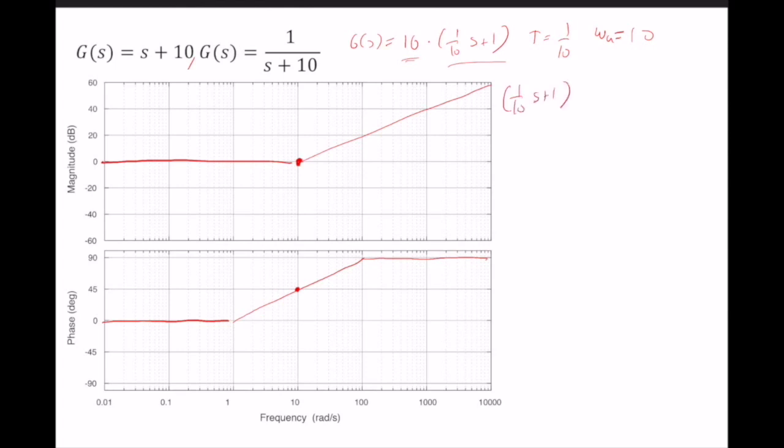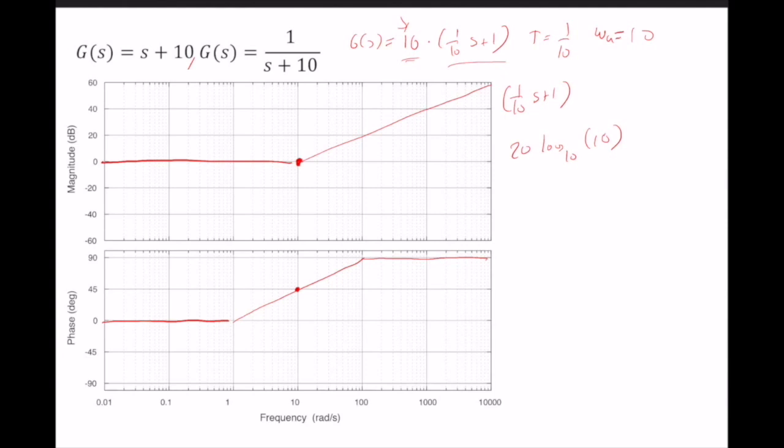However, we have a multiplication of 10. In logarithmic scale, what is the function of multiplication? It's simple addition. So what I need to add is 20 log 10 of 10, which is kind of easy to do, right?